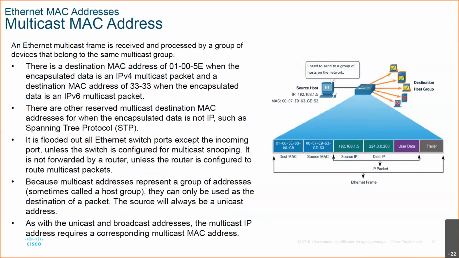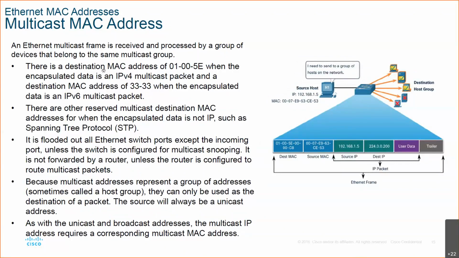When you send to a multicast, that means you're sending to a series of devices. For example, this may be a series of multicast addresses. You will have a multicast address, for example, 0100 5E, as your multicast address.